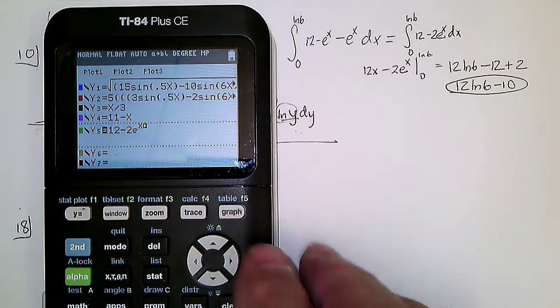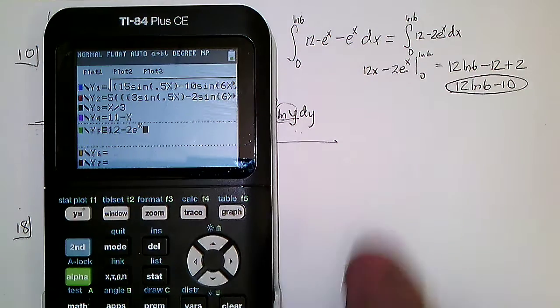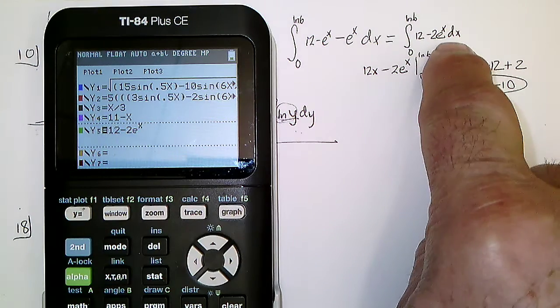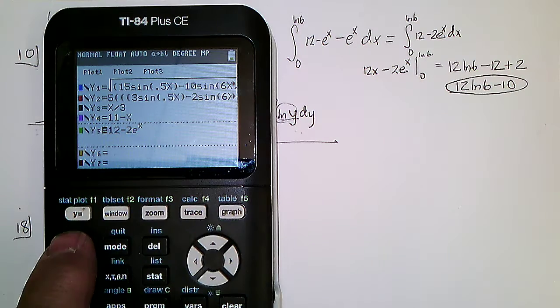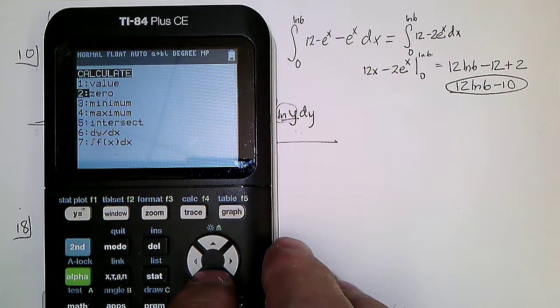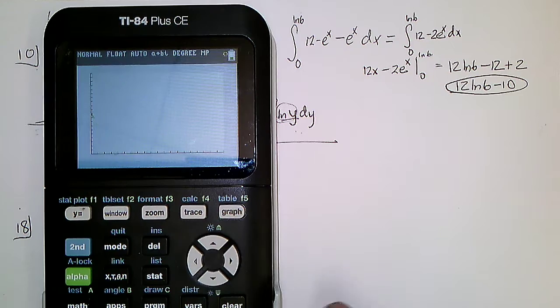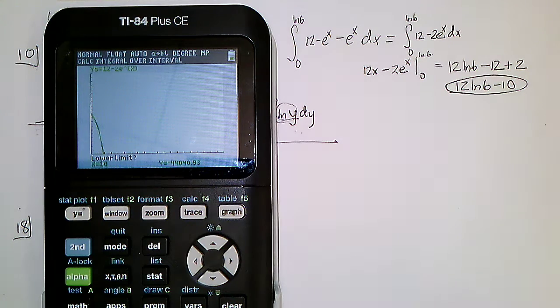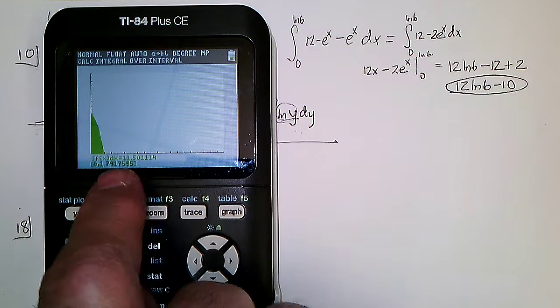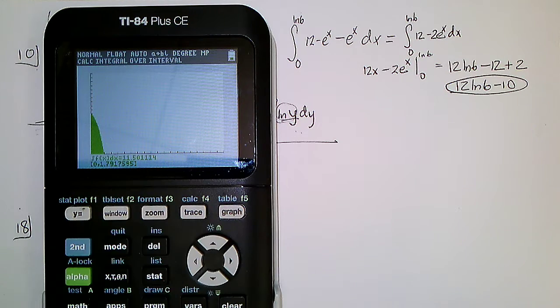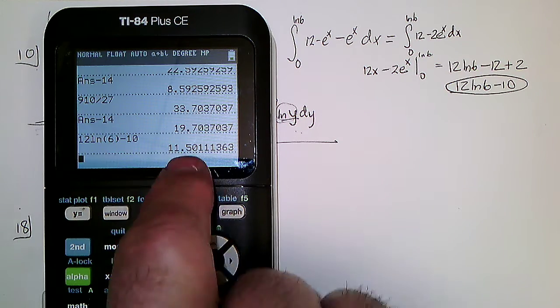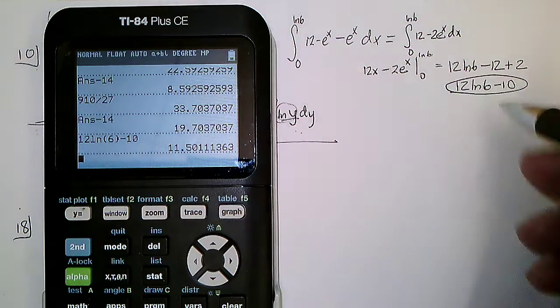Whoop, don't need a parenthesis on that. And then I'm going to integrate that from 0 to ln 6. Second, calculate the integral of that from 0 to ln 6. I get 11.5 something, which is what I got here, 11.5 something.